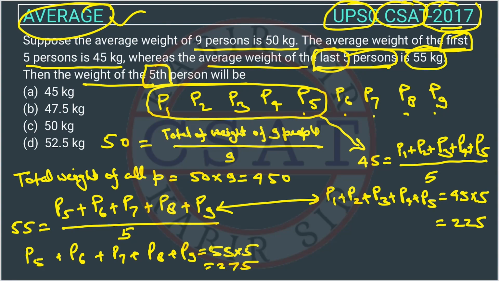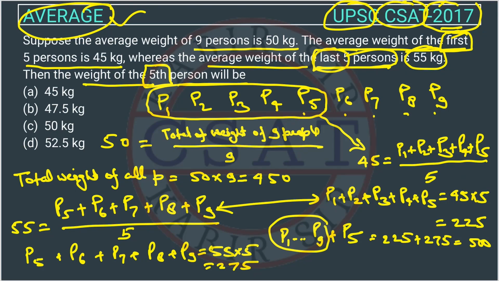So it will be equal to total weight of all persons, P1 to P9, plus we have one P5 extra because there will be two P5 here. So it will be 225 plus 275, which is equal to 500.